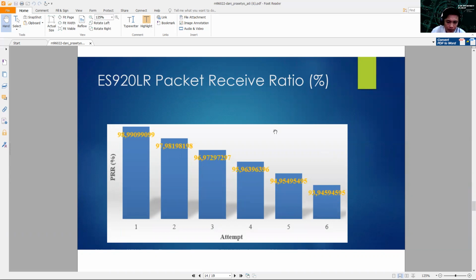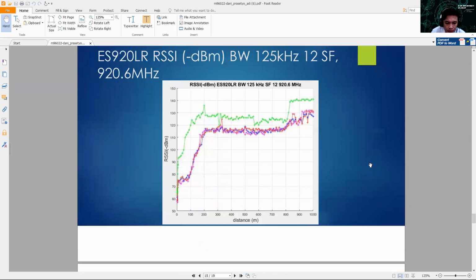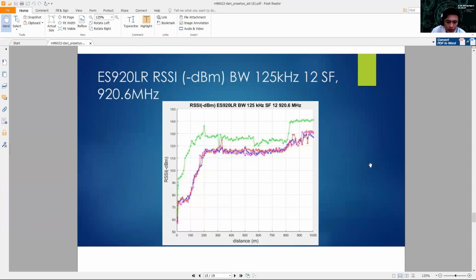So this is still a very good packet ratio on the line of sight. And from the different conditions and different obstacles, from 4 attempts of transmitting data at 1 kilometer, we get graphs like this.